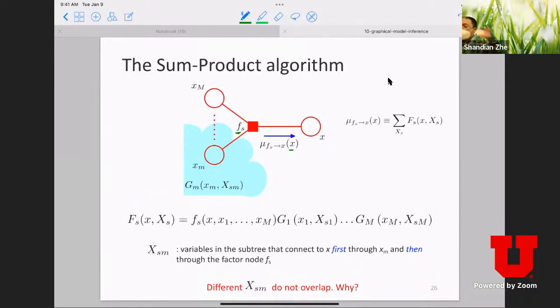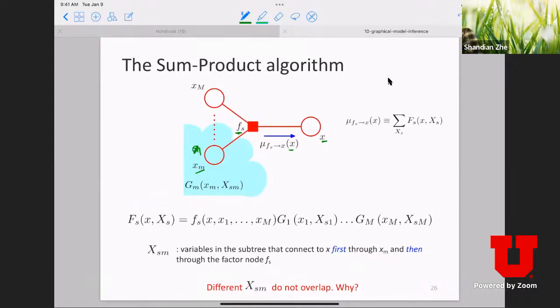And we know that f of s is a factor, essentially a function. It's a function defined on multiple variables, including x. And suppose the other variables of this factor are x1 to x big M. For any node, we can denote it by x small m.